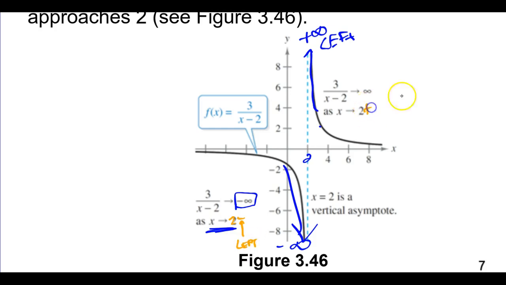And this little plus sign right here means, I think I wrote left, but this should have been right, right? From the right, it goes to positive. So if it's approaching from the right, this is from the right, and this is the function approaching from the left. I think I wrote that wrong.